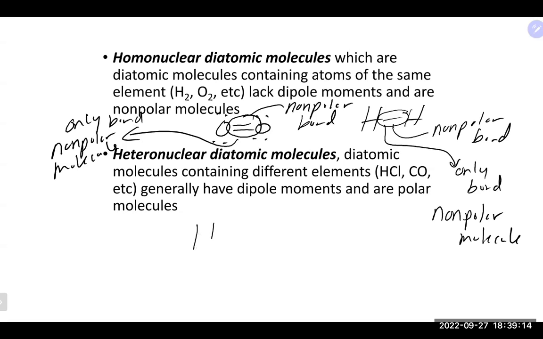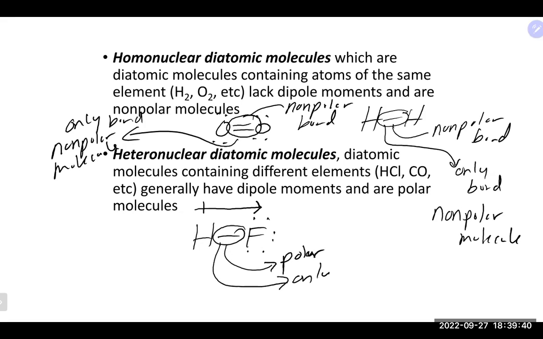That changes, obviously, when we get something like we also saw earlier, HF. HF is a polar bond with fluorine being more electronegative, which if we wrote the bond dipole arrow, it would be heading towards the fluorine. And because this bond is polar, and just like above, it is the only bond there, that means this would also be a polar molecule.